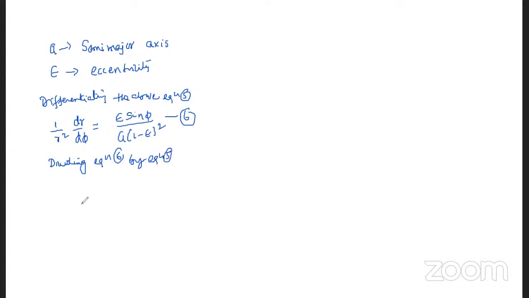If you divide, we get 1 by r into dr by d phi, which will be equal to epsilon sin phi.